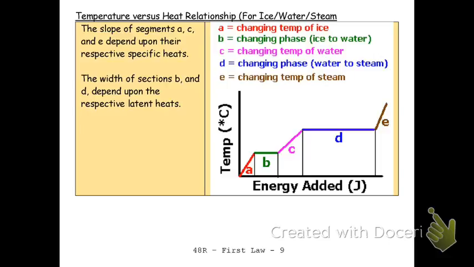If there's any exaggeration in that diagram, it's that the plateaus are much wider than I've drawn them. They're too narrow as it stands. So if you want to store energy, the better way to store energy is to change its phase.